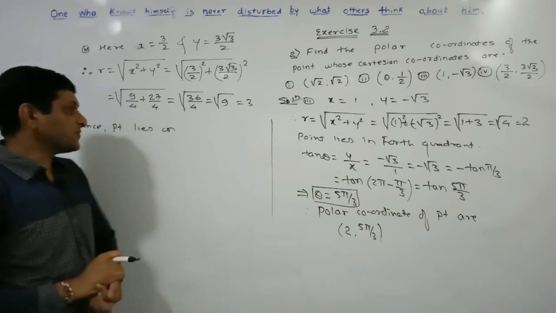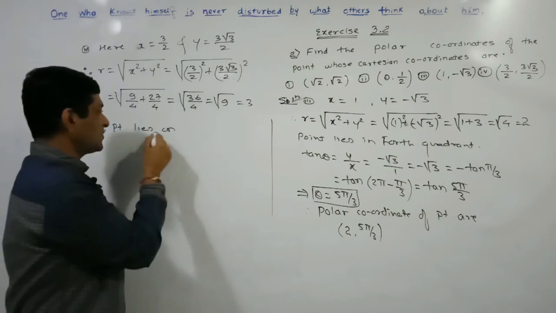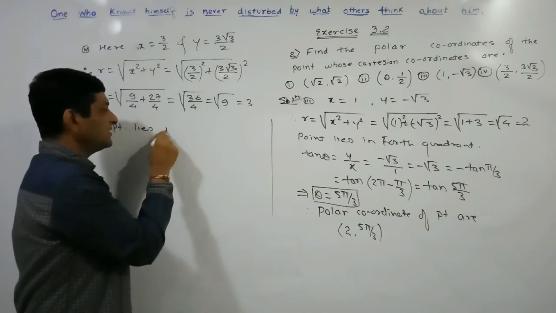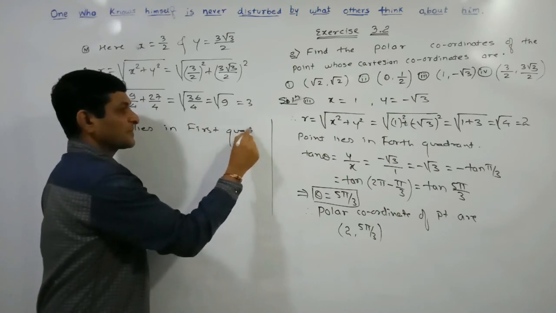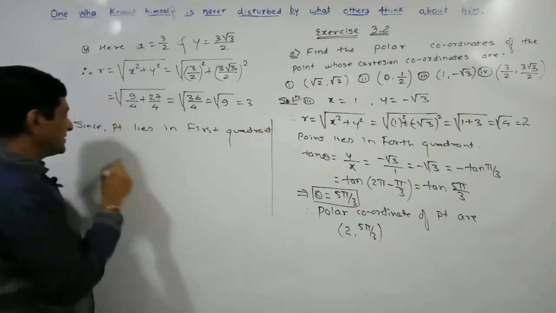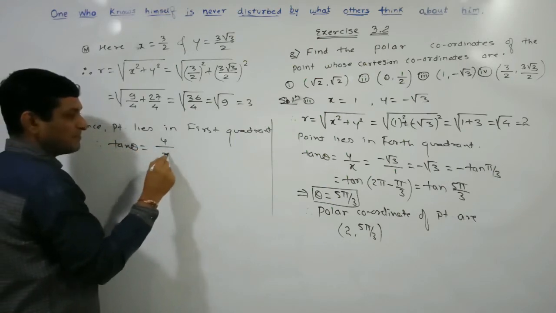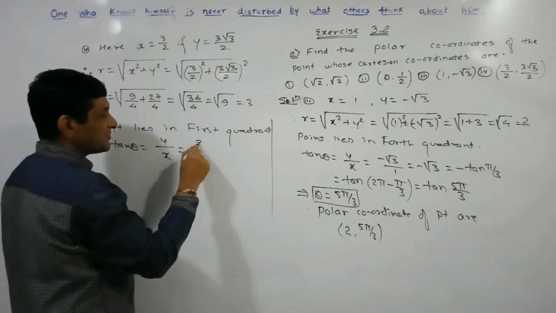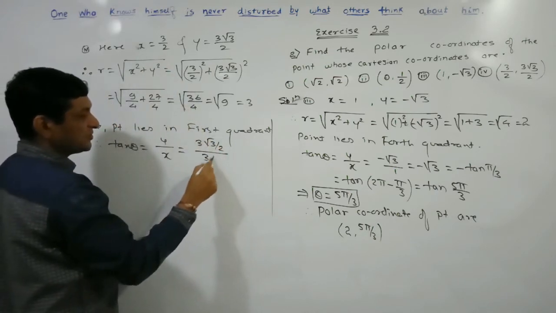Now we are trying to find the value of theta. Just check in which quadrant the point lies. First quadrant. So the point lies in the first quadrant. So therefore tan theta is equal to, what is the formula? Y by x. Replace y by its value 3 root 3 upon 2 and x by its value 3 by 2.